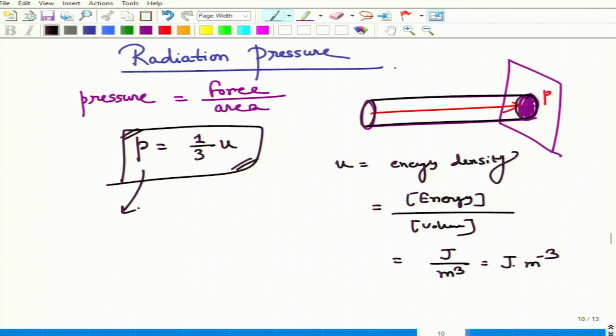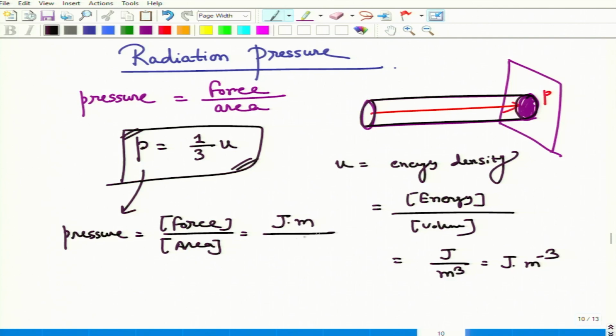And what is the unit of pressure? It is force divided by area. Force means joule meter divided by meter square, which is also joule per meter cube. So these two are consistent.